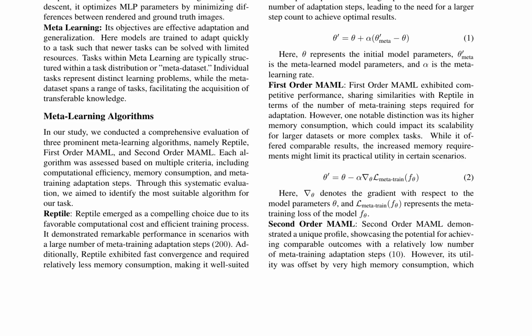The algorithm's performance is governed by the equation theta equals theta plus alpha times (theta meta minus theta), where theta represents the initial model parameters, theta meta is the meta-learned model parameters, and alpha is the meta-learning rate. The evaluation highlights the trade-offs between computational efficiency, memory consumption, and meta-training adaptation steps. The results demonstrate the potential of meta-learning for NVS, particularly in scenarios with limited training data.